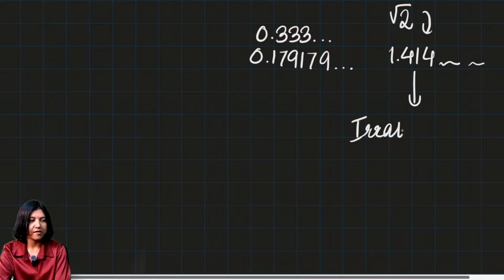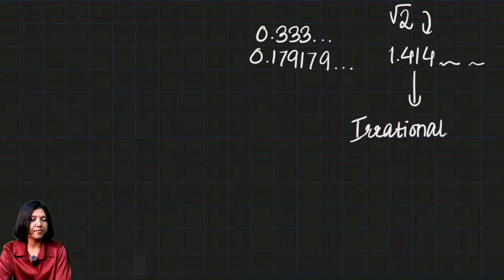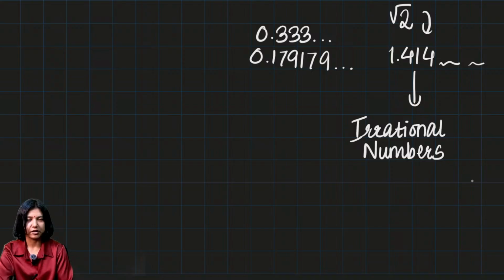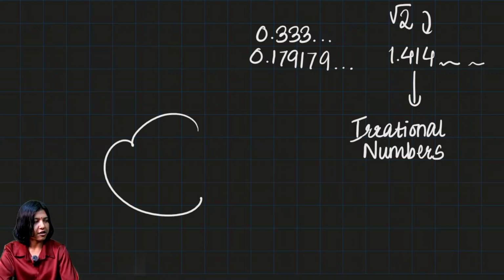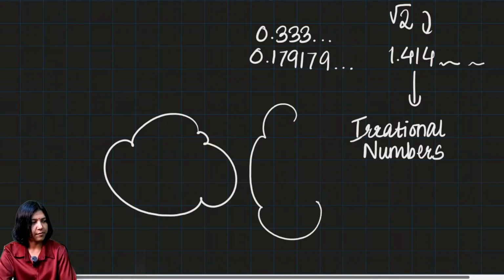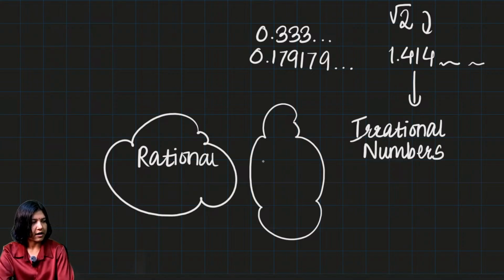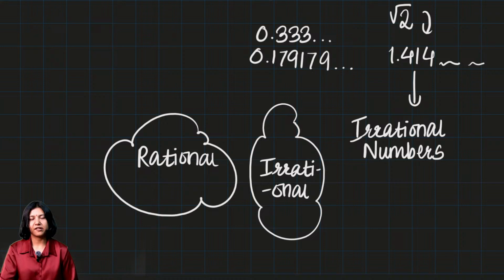Any decimal that is non-repeating and non-terminating happens to be an irrational number. I've shown you before, if rational is this family, then irrational will be completely outside that. Now, there are infinitely many irrational numbers too. Don't think they're just finite.